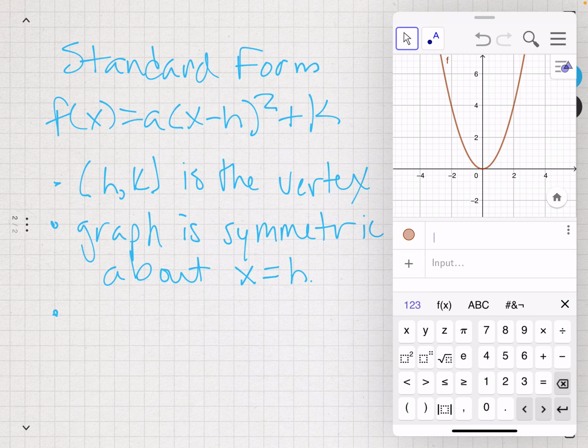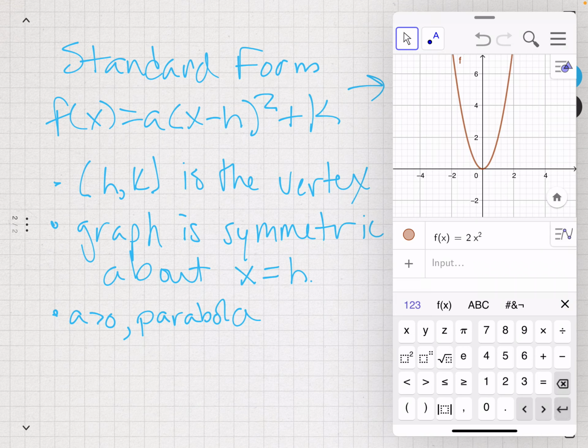We know that if a is greater than 0, the parabola opens up. Parabola is the name we give the shape of this graph at right, and that picture is just f of x equals x squared. So if we have something like 2x squared, it opens up. But if a is less than 0, the parabola opens down.